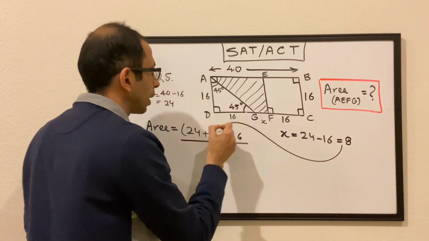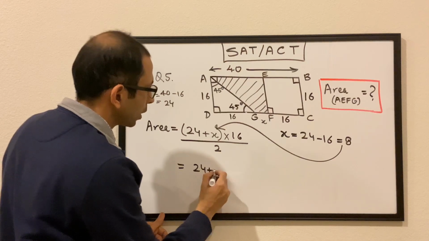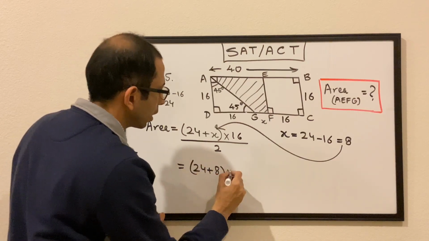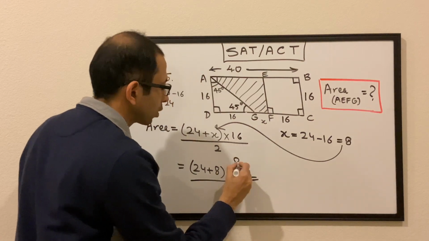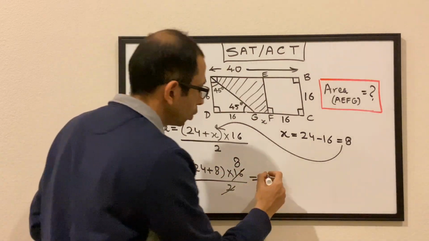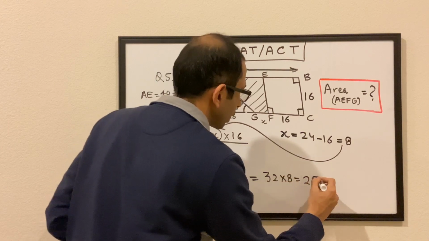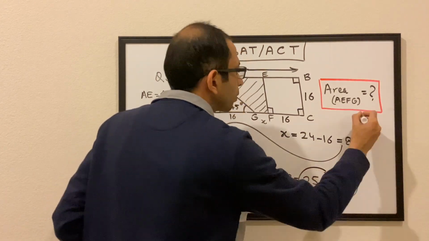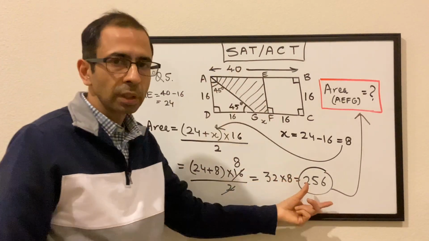We'll just plug this value here and we get 24 plus 8 times 16 divided by 2. 2 times 8 is 16, 24 plus 8 is 32, 32 times 8 is 256. So the area of the shaded portion is 256.